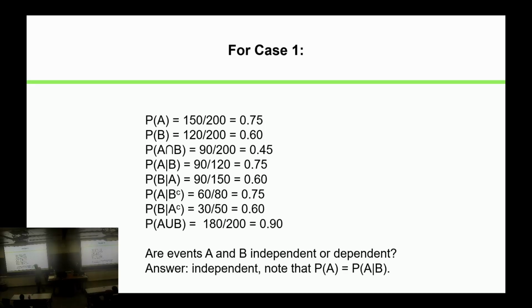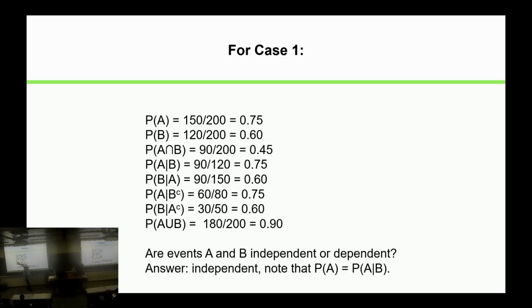And the answer is independent because notice that the probability of A is equal to the probability of A given B. If I know nothing about B, the probability of A is 0.75. But if I know that B occurs, the probability of A is still 0.75.